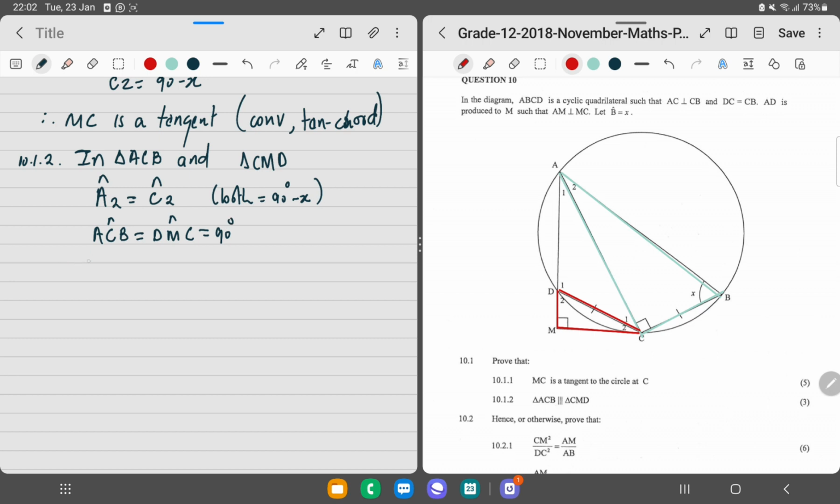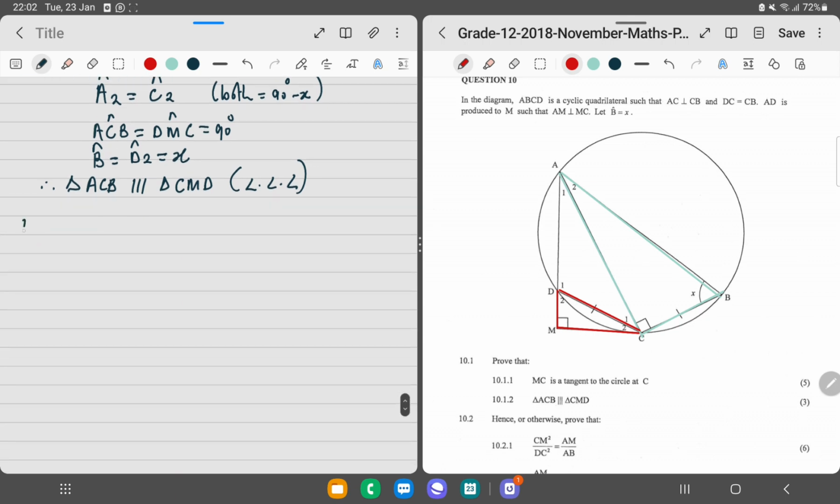So this means that B is equal to D2 because they are both equal to x. Therefore, triangle ACB is similar to triangle CMD. Angle, angle, angle.